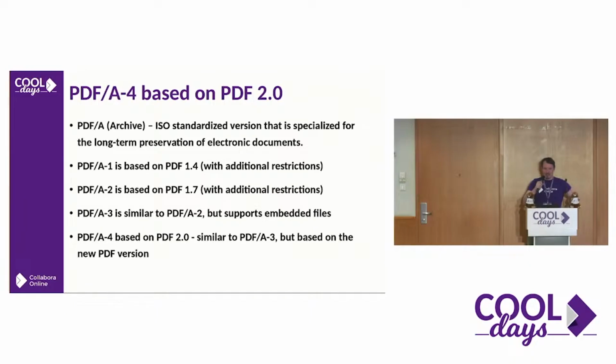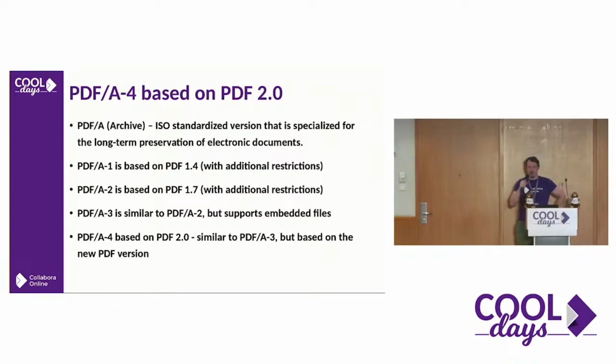And then there is PDF/A-4, as mentioned before. It's now based on PDF 2.0. PDF/A is for archiving purposes. It's a standard parallel to the PDF itself. Previous versions were based on the previous PDF versions, and this new one is only for PDF 2.0.